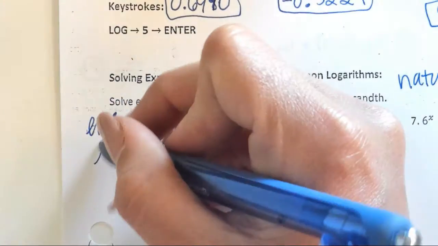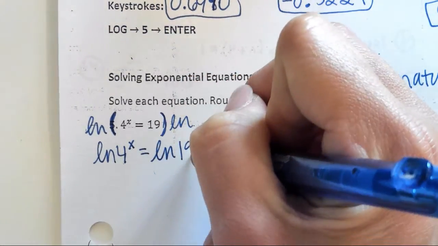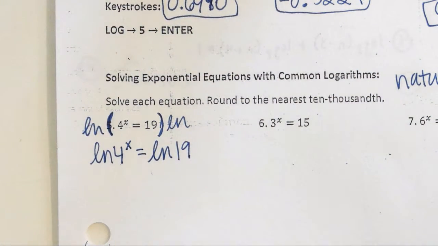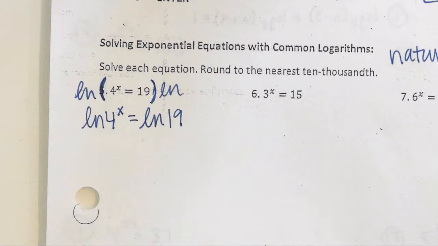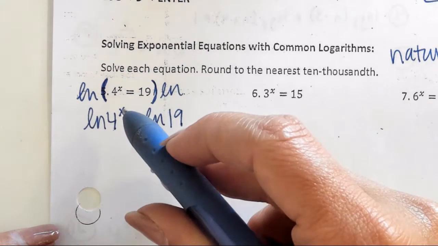First, let's write it out. It'd be ln 4 to the x equals ln 19. The reason we want to do this is because natural logs have the same properties, power, quotient and product, as logs do. So what can we do with this x right here if it has the same properties?